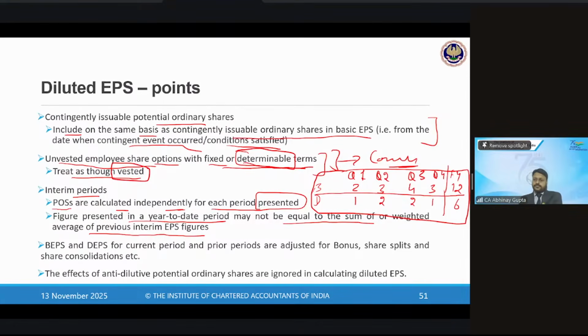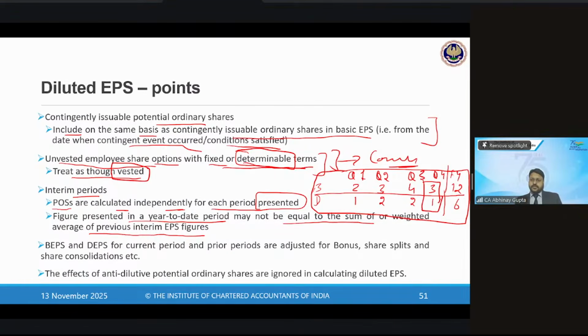No, I mean for the full year, quarter four will be the same figure. So 3 and 1 would be the basic and diluted earnings per share. Okay, so you are saying the quarter 4 and the full year basic earning per share and diluted earning per share will be the same. So instead of 12 and 6, you are saying that this 3 and 1 will be for the full year as well. Yes, I think so.